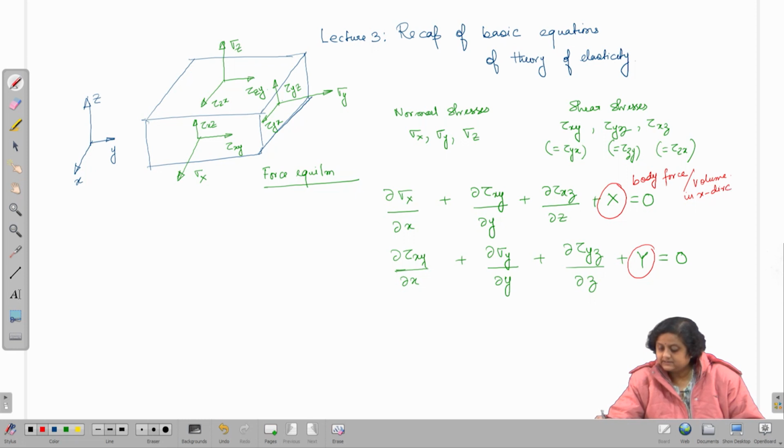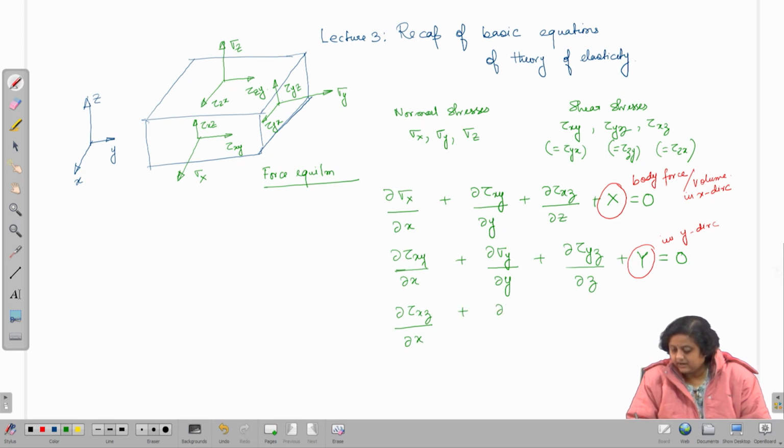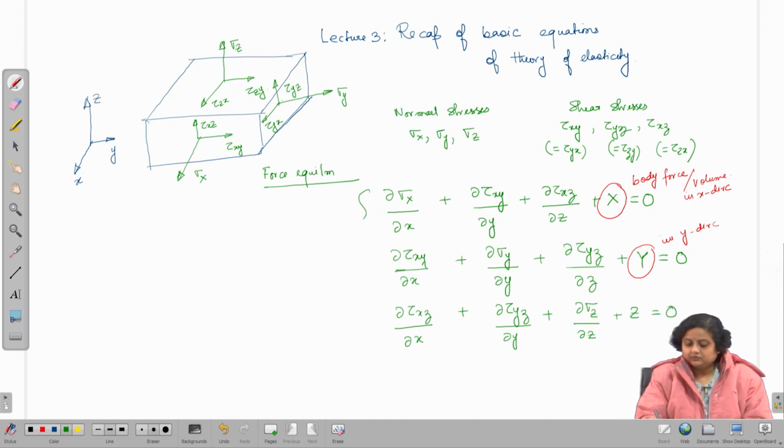This is in x direction and this is in y direction. The next equation that we have can be written as, all of us are well acquainted with this equation, but this is just for completeness and to get reacquainted with the equations that we will be dealing a lot with in the coming lectures. Okay. So, these are the three equations of equilibrium.